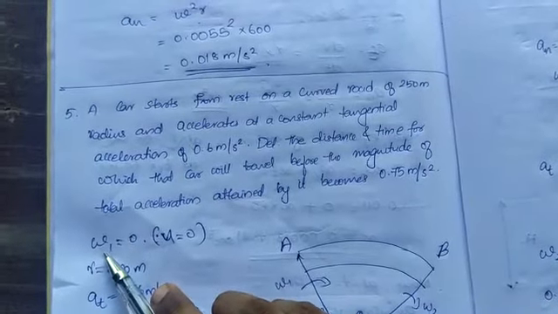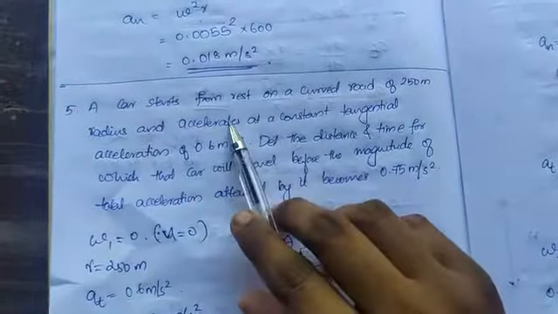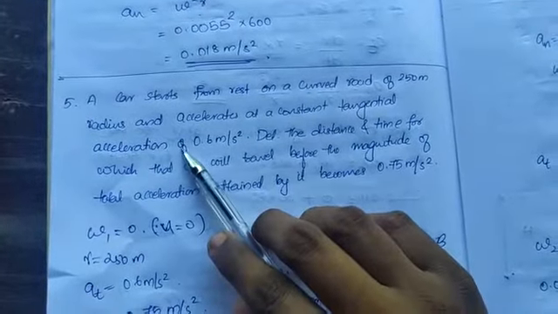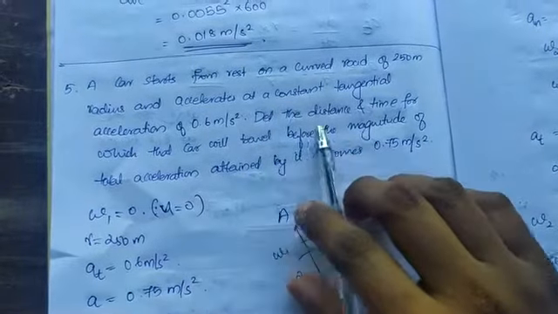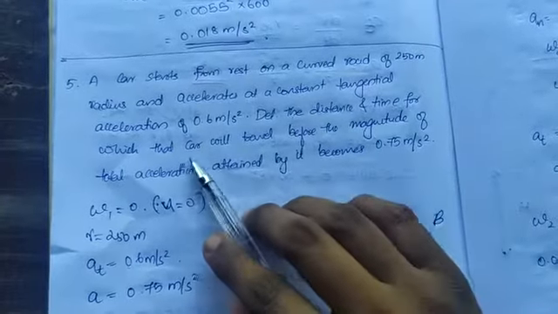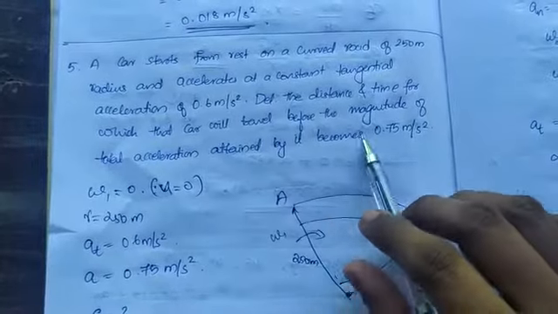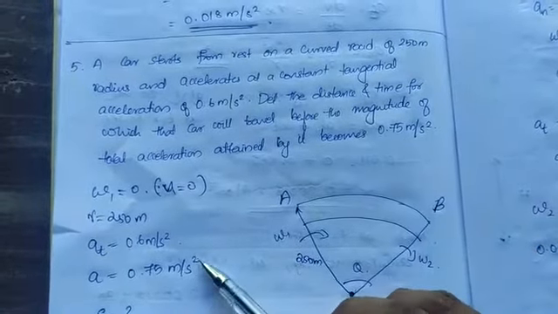Similarly, omega 1 will be 0. The radius is 250 meters, and aT is given as 0.6 meter per second squared. You need to find s and t when the acceleration becomes 0.75 meter per second squared.